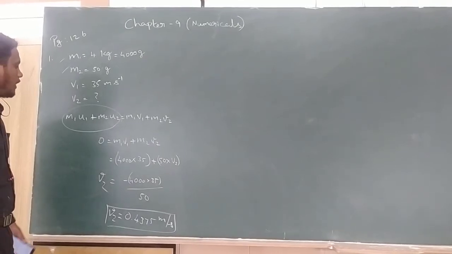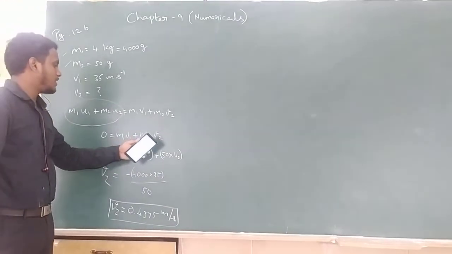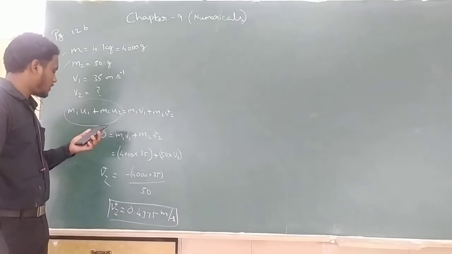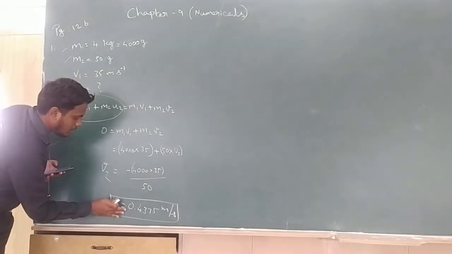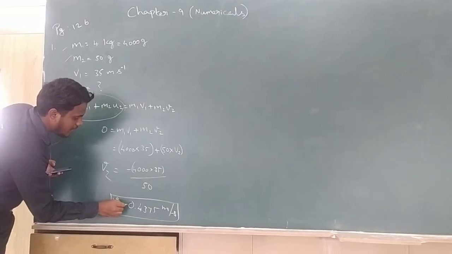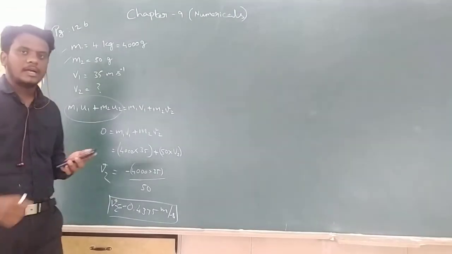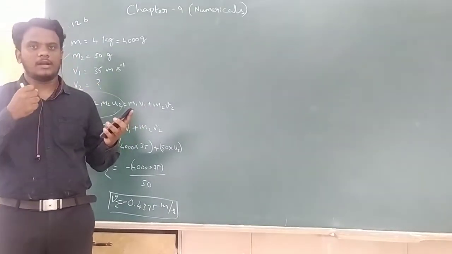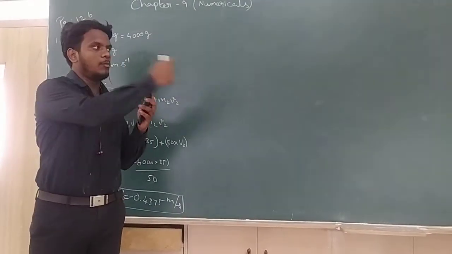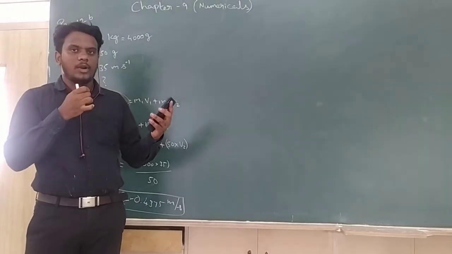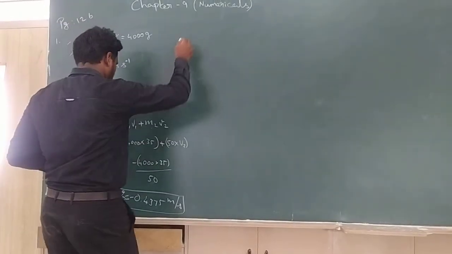So m1 v1 plus m2 v2 total is 0, and we have a negative here. What does this negative symbol denote? It denotes that the gun moved backward. Due to the recoil, when you fire, the bullet will move forward and the gun will move backward. That's the meaning.